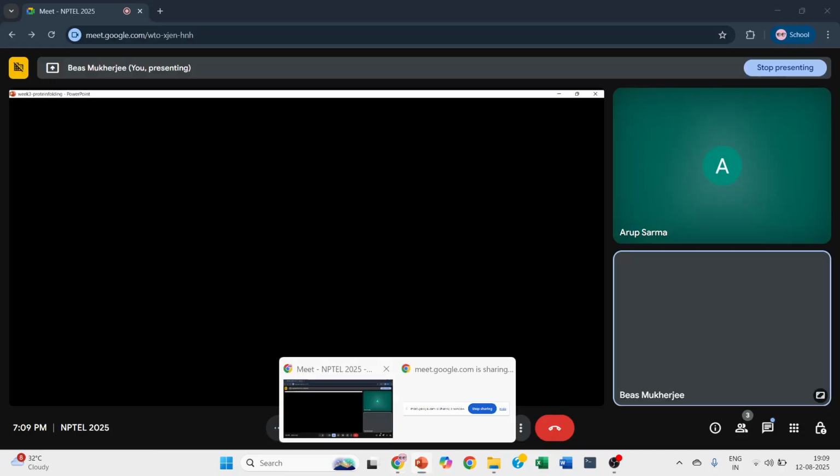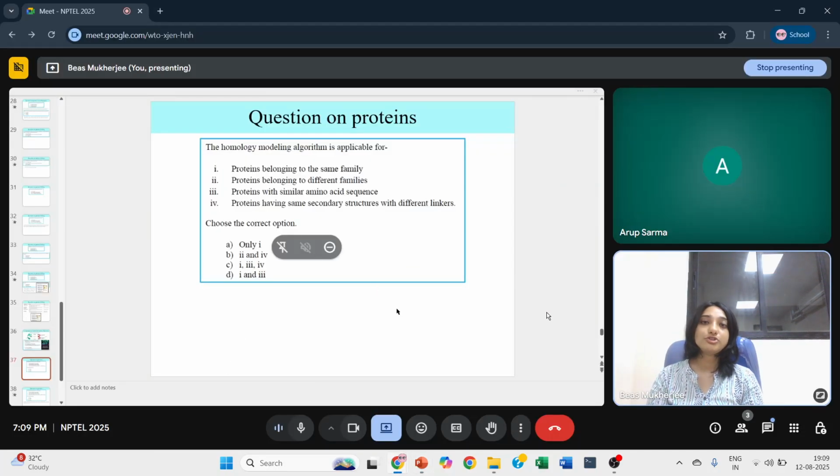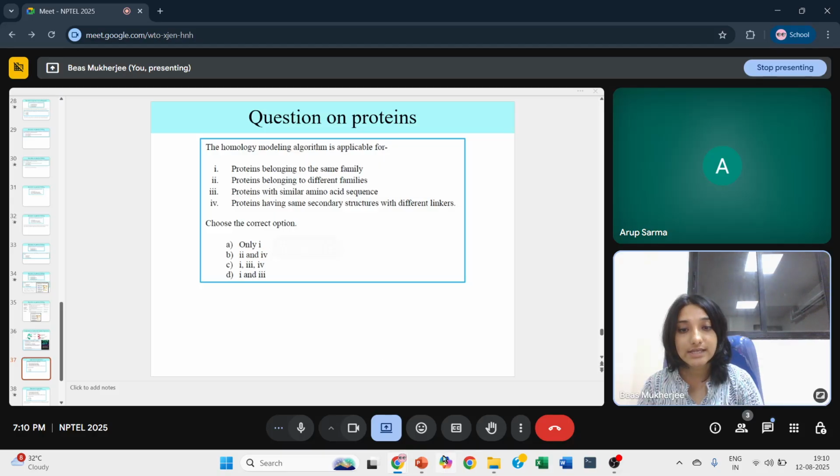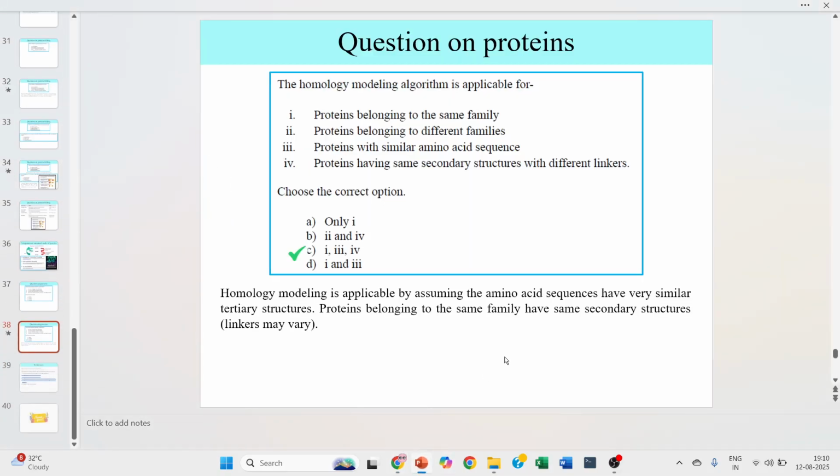So you can try to solve this question now. The homology modeling algorithm is applicable for: 1, proteins belonging to the same family; 2, proteins belonging to different families; 3, proteins with similar amino acid sequence; 4, proteins having the same secondary structure with different linkers. Homology modeling is applicable by assuming that the amino acid sequences have a very similar tertiary structure.